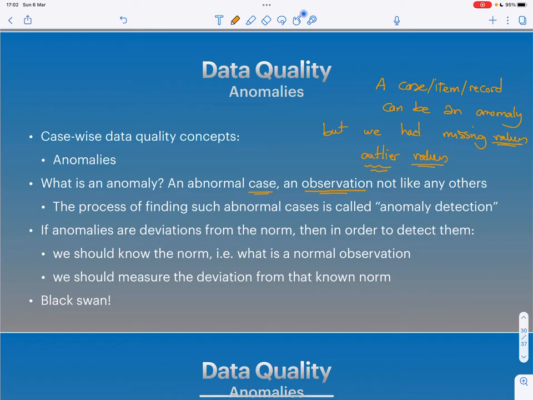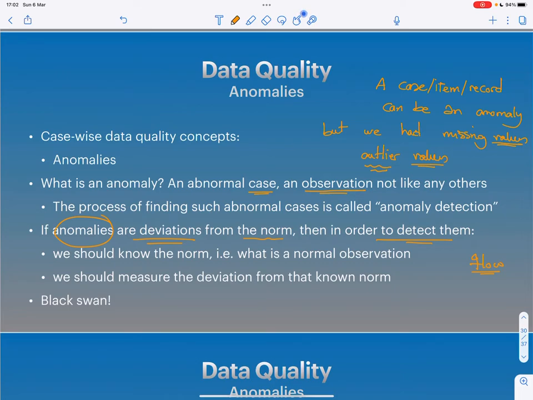If anomalies are deviation from the norm, so we have a norm and we have a deviation from norm, and these deviated cases are called anomalies, then in order to detect them, that is the topic that we need to talk about when we talk about the how part of anomaly topic. But anyway, let's point to it now.